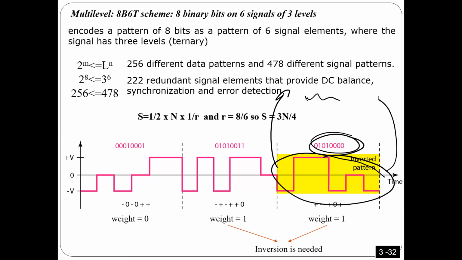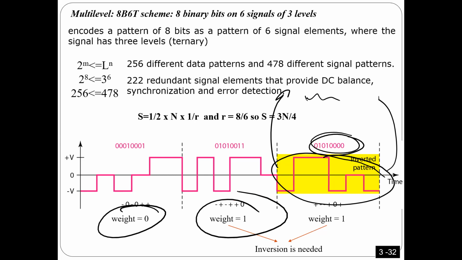So the question: how can the receiver know if this one is inverted or not? Very simple. Simply because the way I designed it, I always have 0 or 1. I will never get -1 unless it's inverted. You got what I'm saying? So on the receiver side, every time I receive a pattern like this one, I'm going to calculate the weight. If the weight is 0, it's okay, I'm going to convert the signal to a binary number and I'm done.